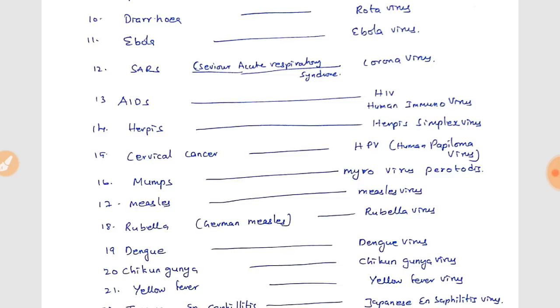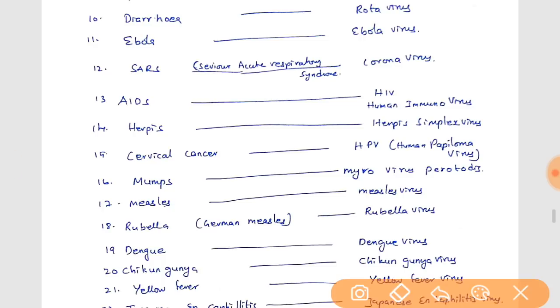So it is very important. It's not explanatory but more factual, and you have to remember. So if you come to AIDS, what is AIDS, friends? Acquired immunodeficiency syndrome. So this is caused by a virus. HIV is a virus, so you have to remember human immunodeficiency virus. Is AIDS caused by bacteria or virus?